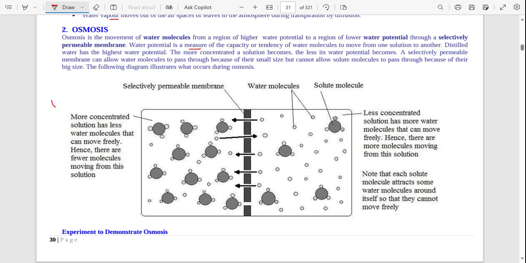The selectively permeable membrane will allow things to pass depending on their size. Small molecules will pass, big molecules cannot pass. This is why you can see these small water molecules can pass to the other direction like that.